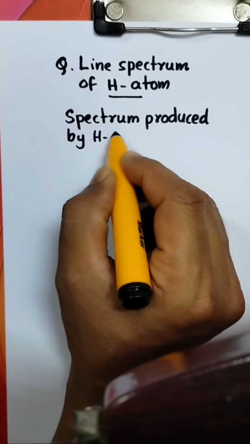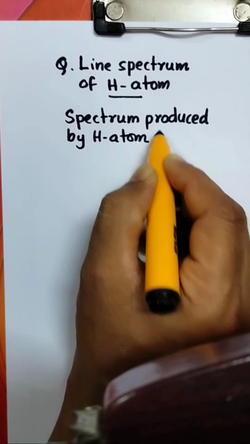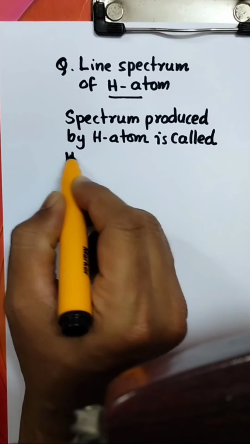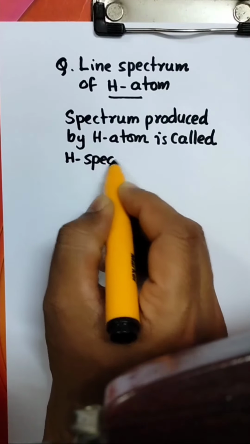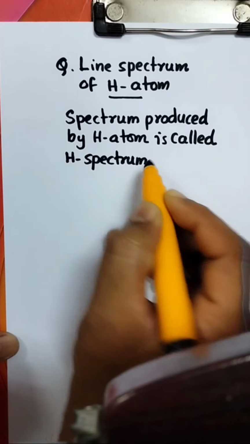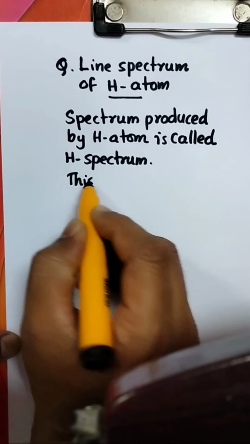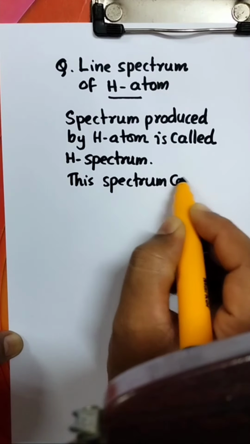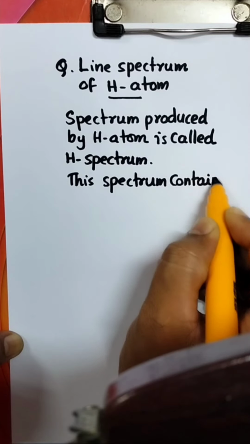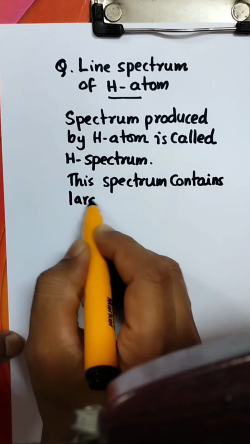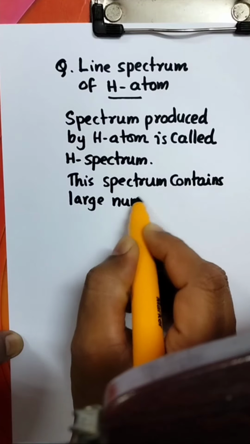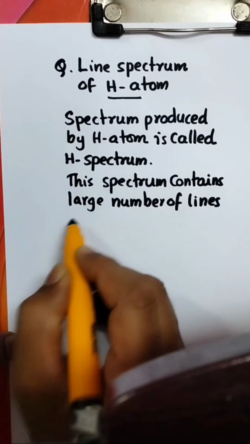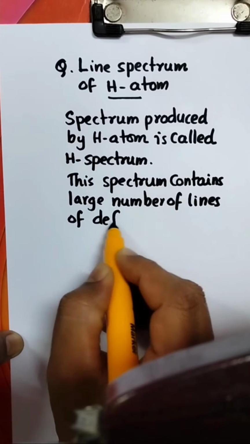This spectrum contains a large number of lines of definite frequency.